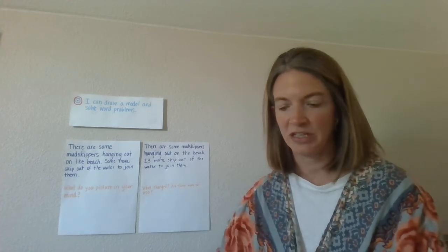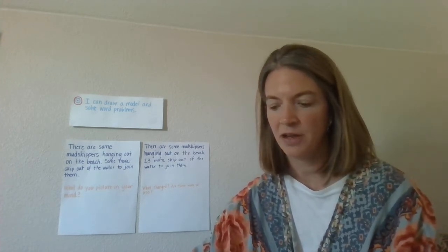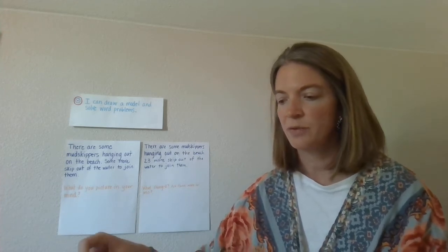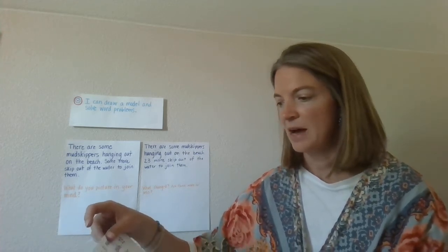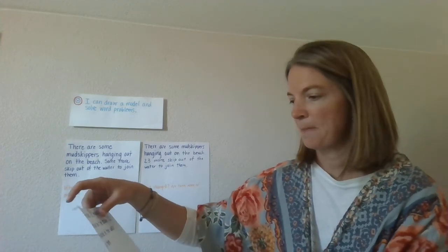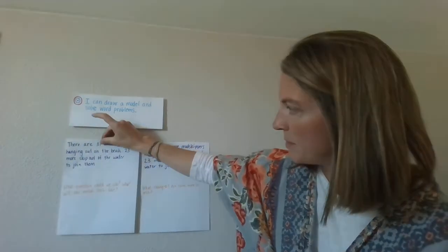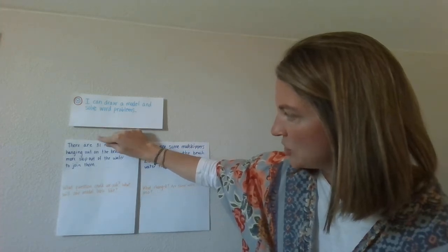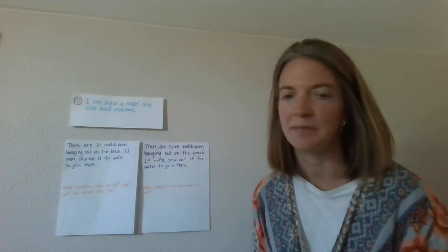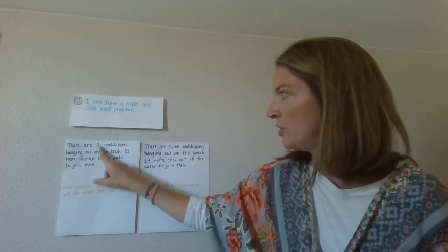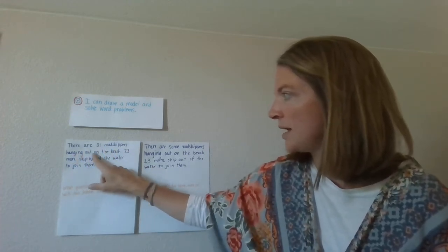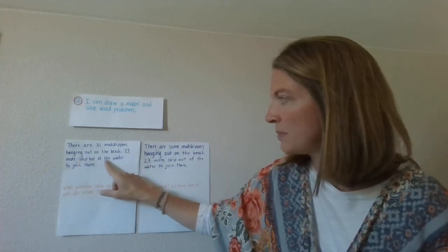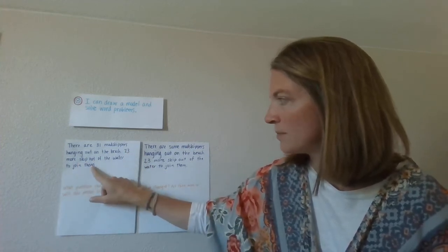Think about what changed. There are 31 mud skippers hanging out on the beach. 23 more skip out of the water to join them. I cover that beginning one up. So what has changed now? Let me read that one more time. There are 31 mud skippers hanging out on the beach. 23 more skip out of the water to join them.